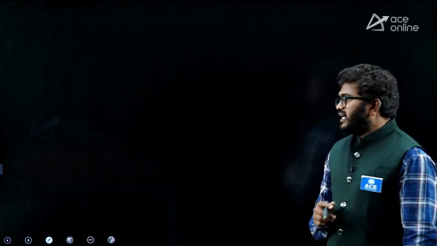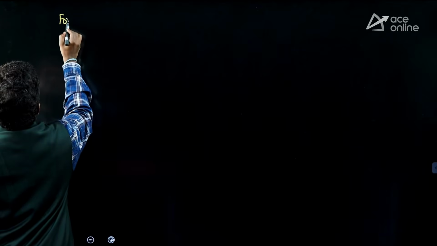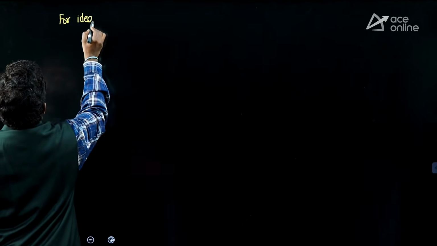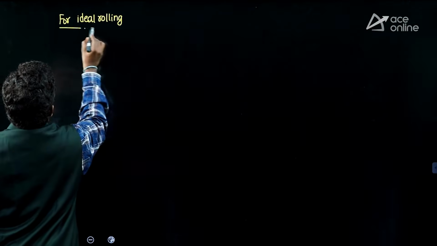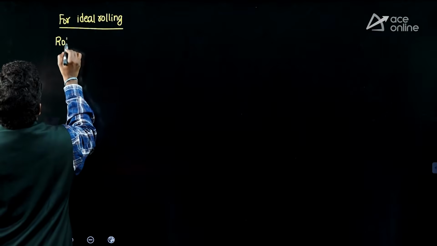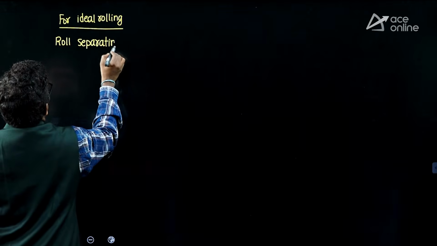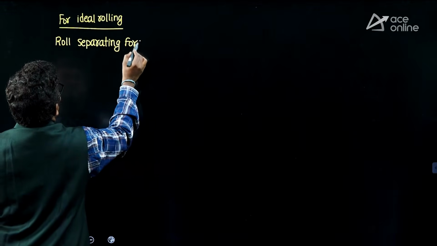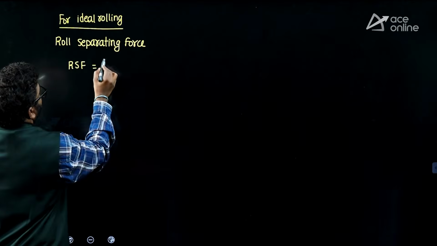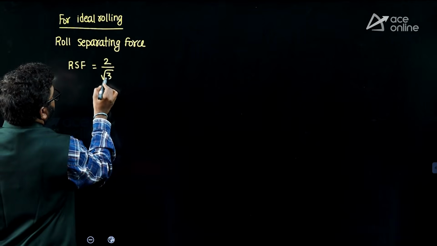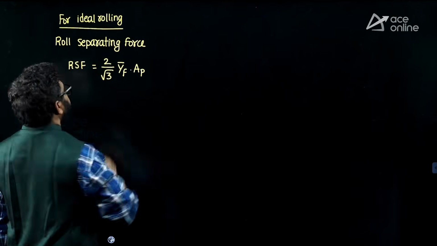Generally, roll separating force, for ideal rolling, remember, the rolling force, I can write it as 2 by root 3 into y bar f into projected area.